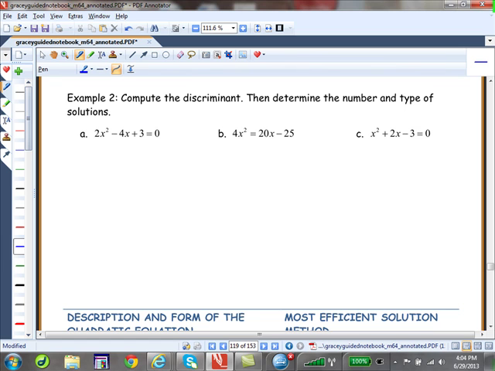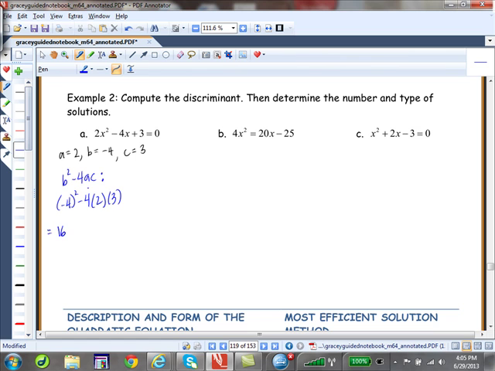So here we are. So for this guy, a is 2, b is negative 4, and c is positive 3. So when we evaluate b squared minus 4ac, we get negative 4 squared minus 4 times 2 times 3.